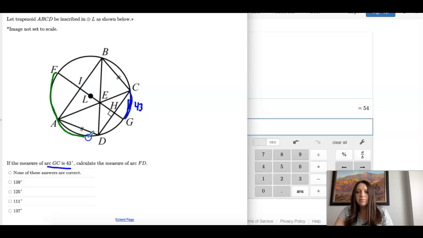So right here. There are a couple things that we need to pay attention to. We have a right triangle here. And this is a right triangle.